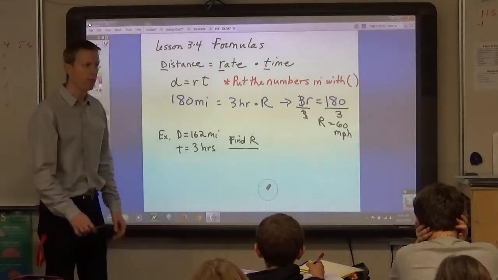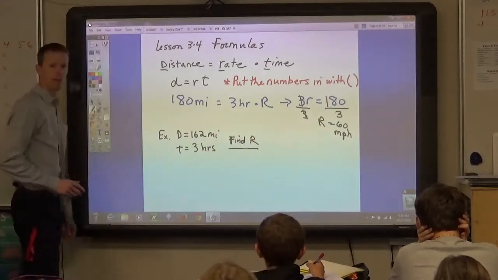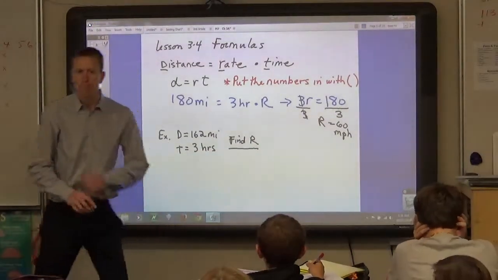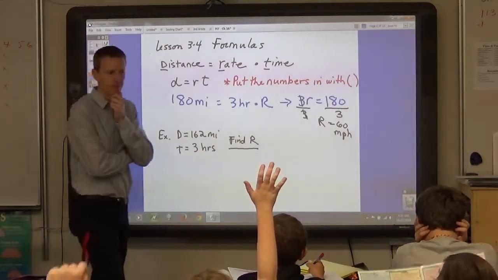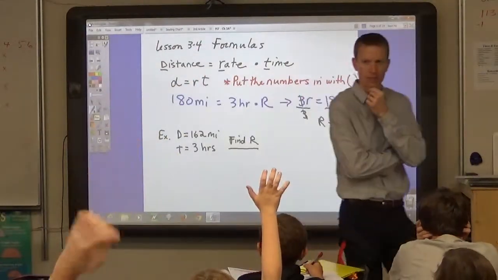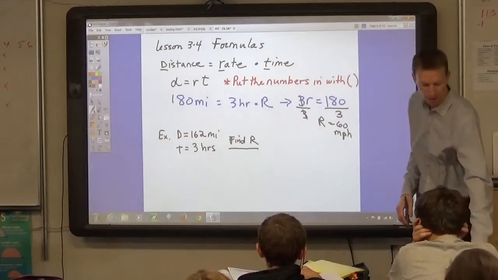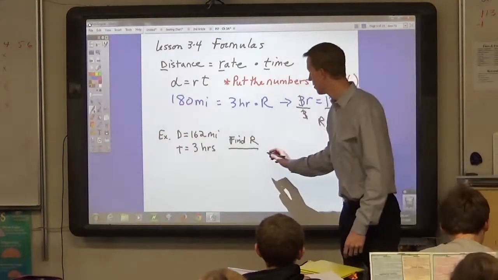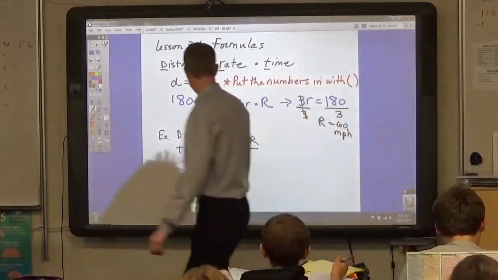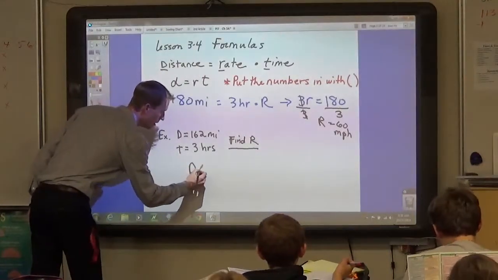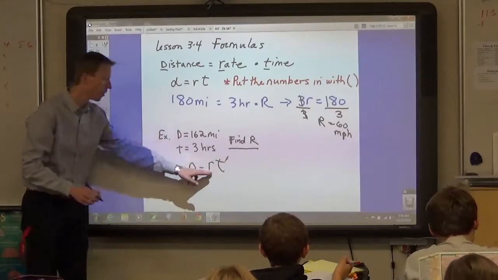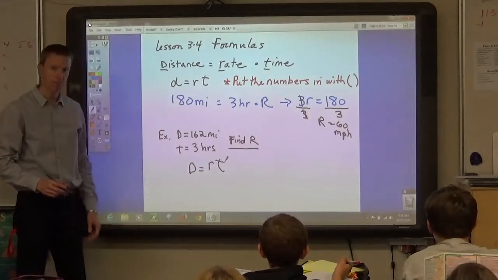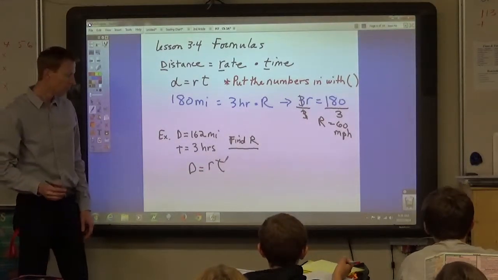How would you set up this one? John? So first you would put d equals r times t. Okay, good. You write d equals rt, and I can put those right together because that means multiply. And then below d you would put 162.